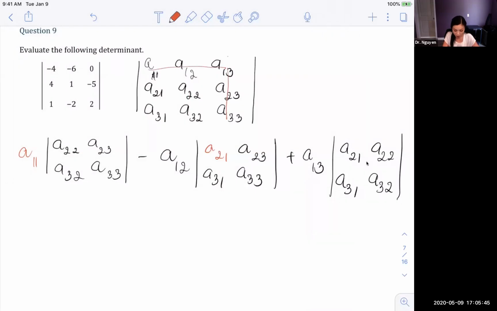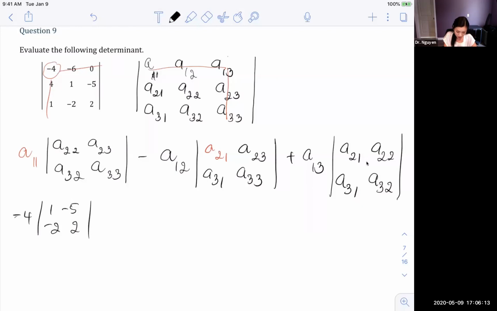right? Okay, so for our problem here, I'm going to do the exact same thing. So I pick 4, right? I pick 4 here. I'm going to cross. So we have -4 times the determinant of 1, -5, -2, 2.